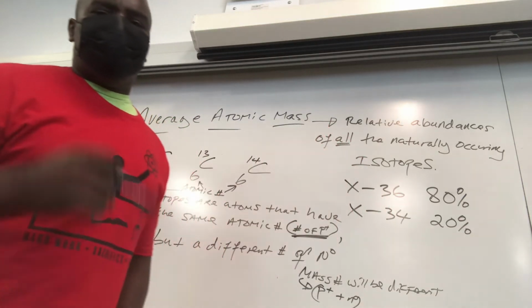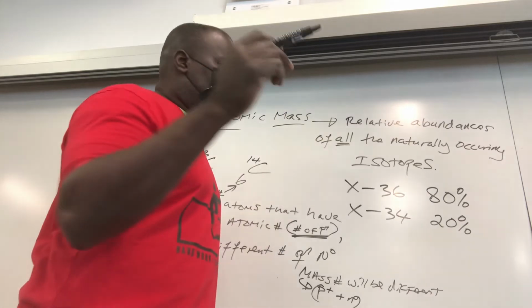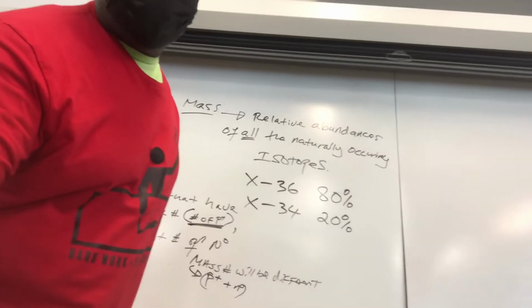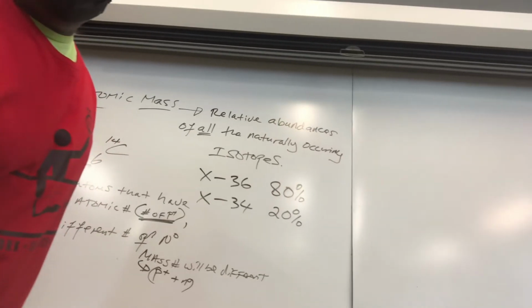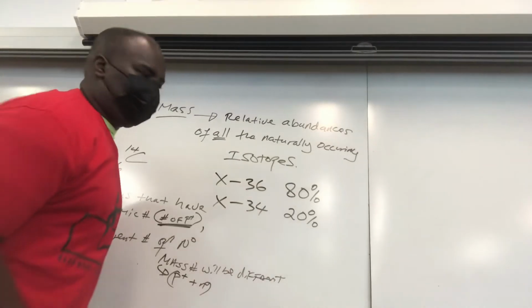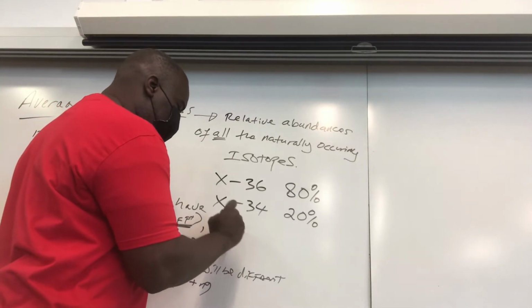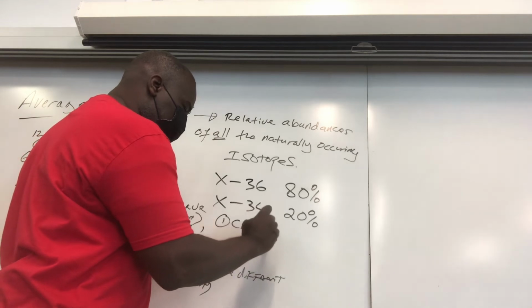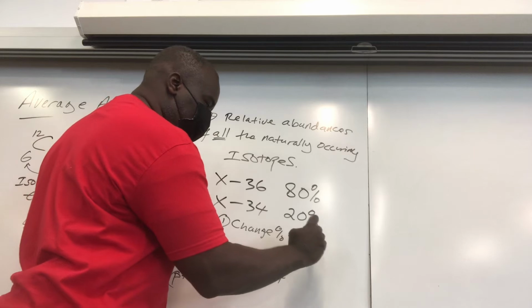There are 3 simple steps you're going to use to calculate the average atomic mass. Let's move over here to get some more space. We did this in class. Step number 1 is to change the percent to a decimal.